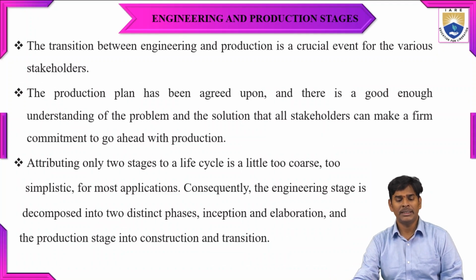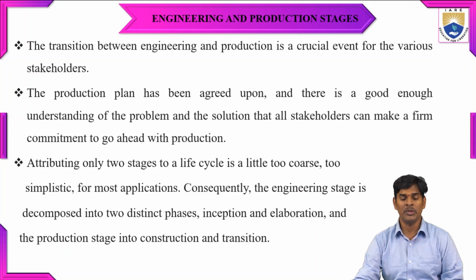Okay, the transition between engineering and production is very crucial for the various stakeholders, because the stakeholders have to discuss each and every piece of data while communicating between the management and the developer.